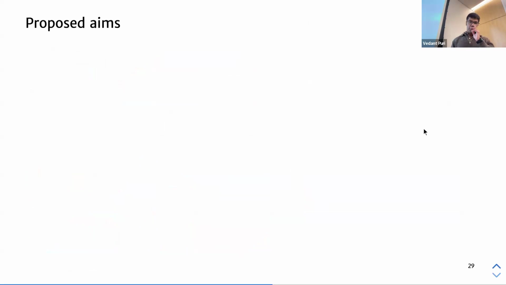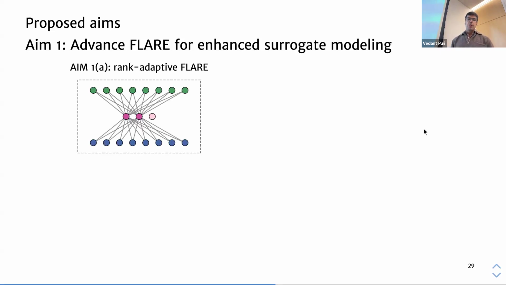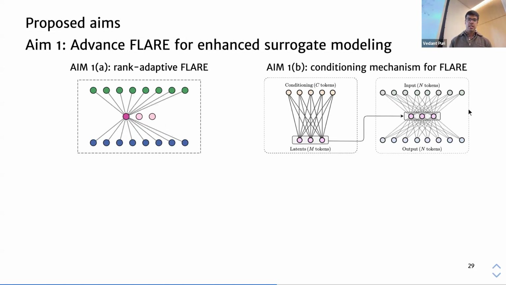All right, so with that in mind, we propose the following aims. Aim 1 is to enhance Flare for improved surrogate modeling. Firstly, we would like to increase the rank adaptivity of Flare by progressively adding latents during training, in aim 1A.